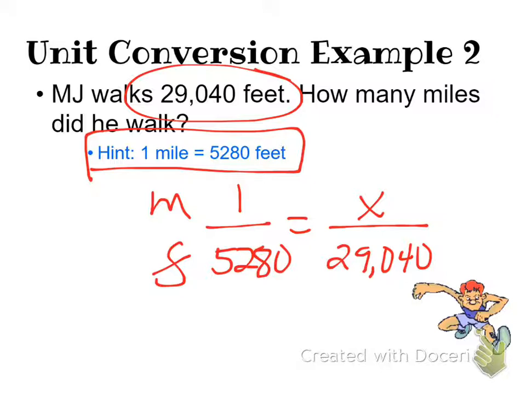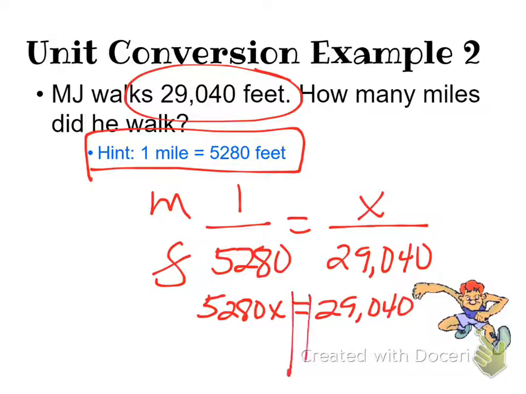Same steps. But this time we are going to have to divide, because when we cross multiply, we'll get 5,280 x equals 29,040. So to solve it, we're going to divide by 5,280 on each side. And what do we get? 5.5.